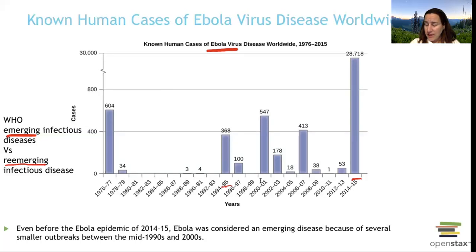So this was pretty big news of Ebola, this deadly virus, and we weren't 100% sure how to keep that under control. So the WHO is one of the ones that sounds the alarm when an emergent disease is happening, or a re-emerging disease that we thought we had under control is back out.